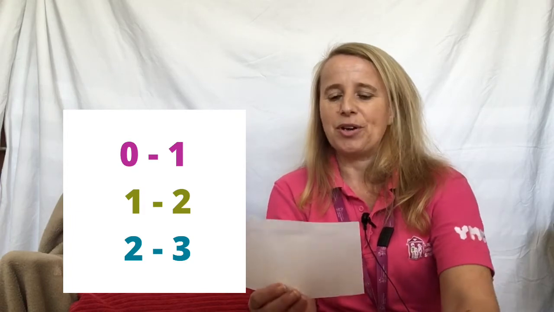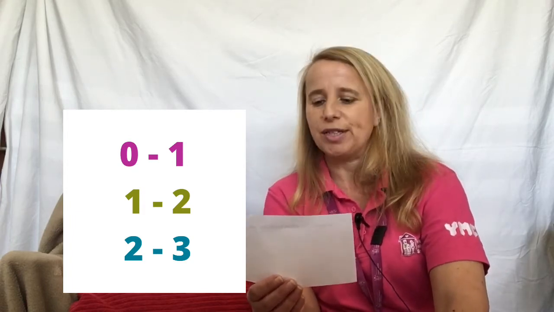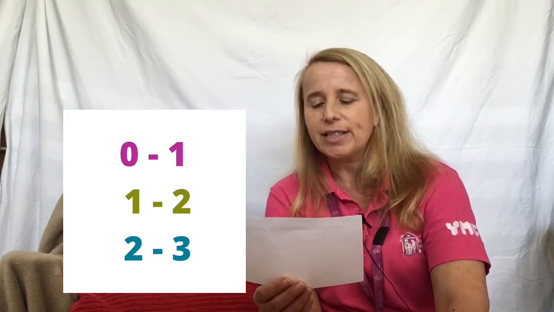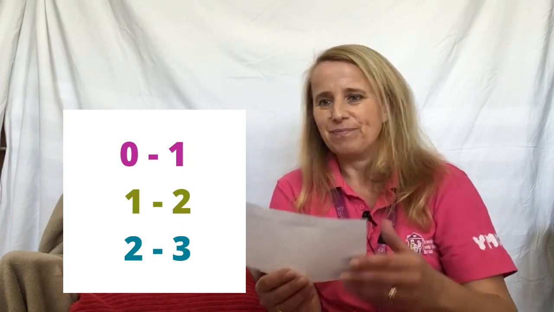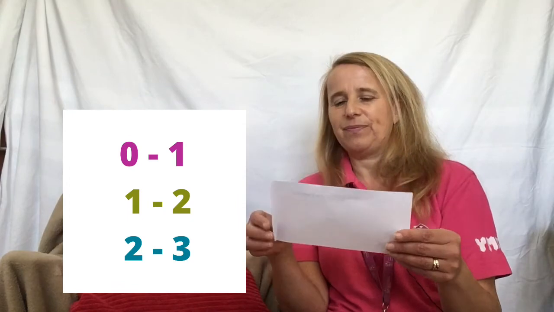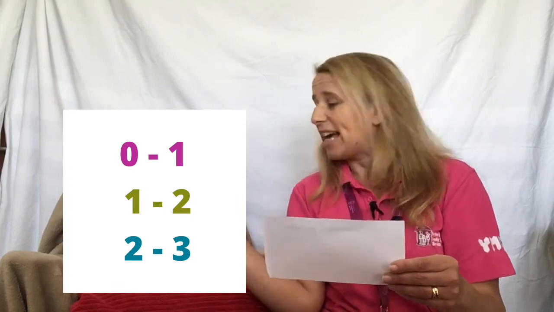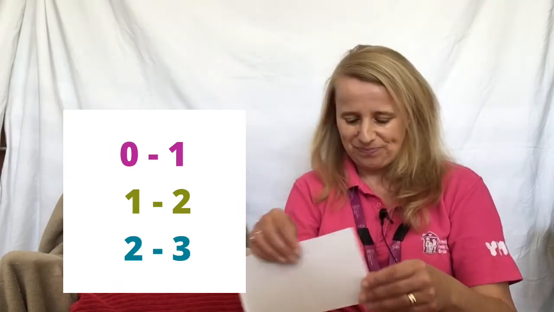So the first one is understands action words like who is jumping. Where do you think that one might fit? Here, here, or here? It's actually in the 2 to 3 years.